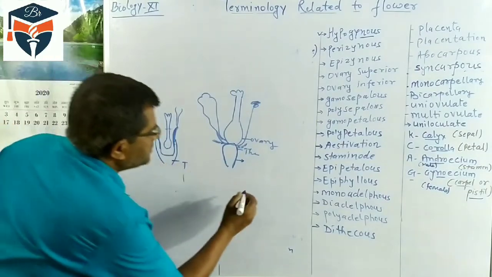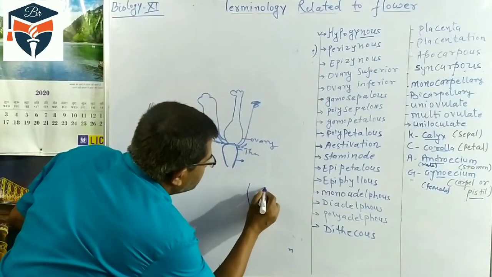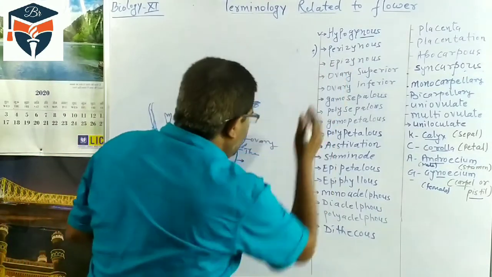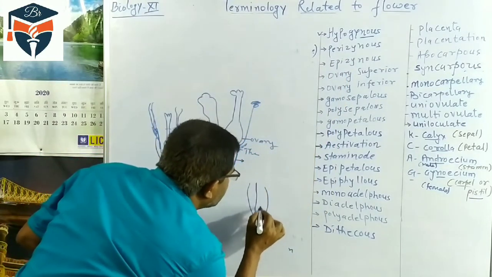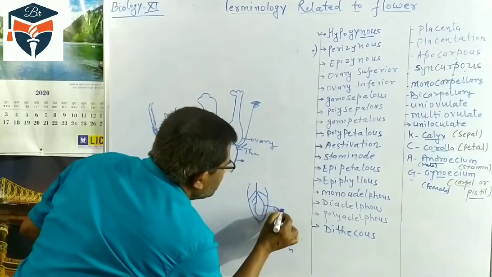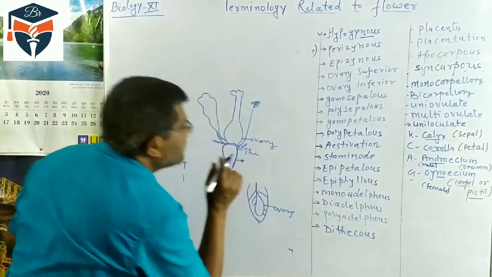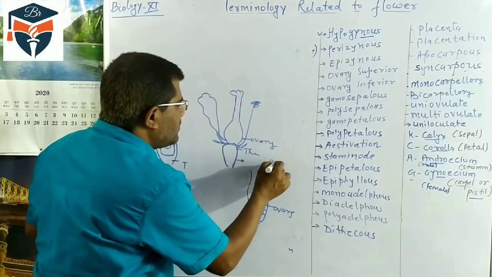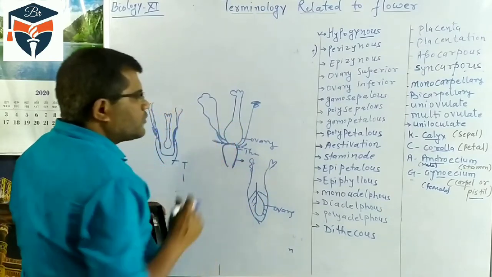Third, sometimes the thalamus forms a full cup-like structure and the ovary is fully inside the thalamus, and the other parts arise above the ovary. So there are three conditions.